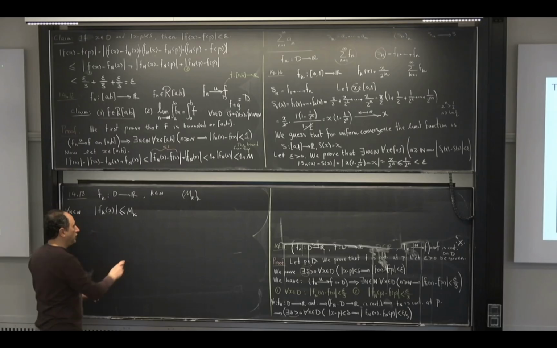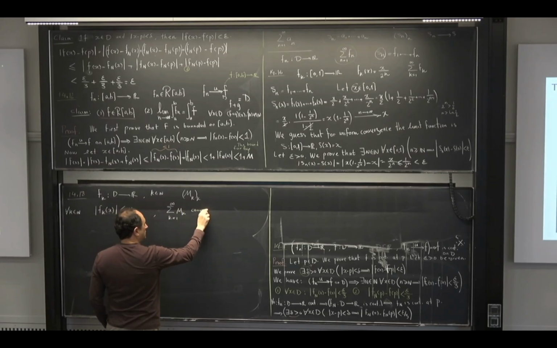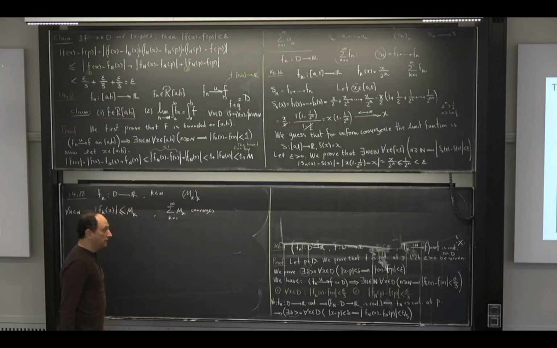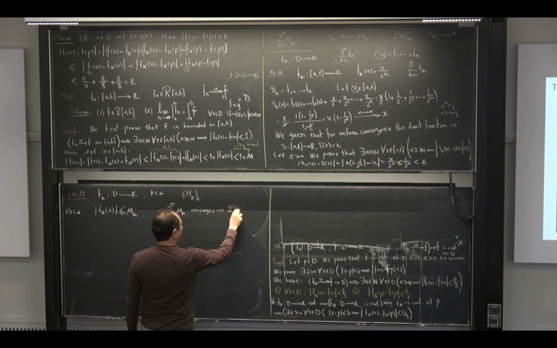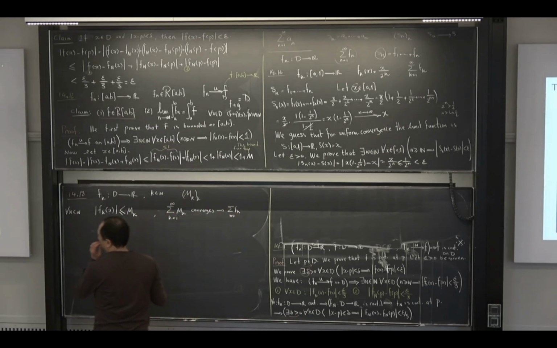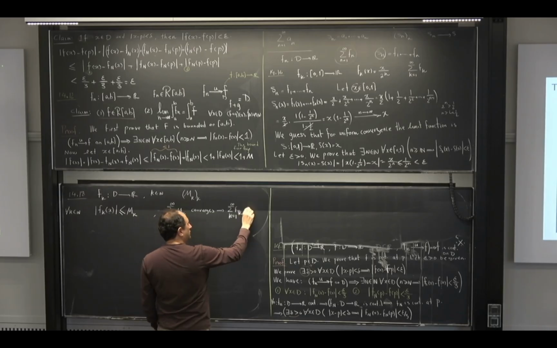And if you are lucky and the sum of M sub k, k from 1 to infinity, converges, then the sequence, the series f sub k, k from 1 to infinity, converges uniformly. To what?